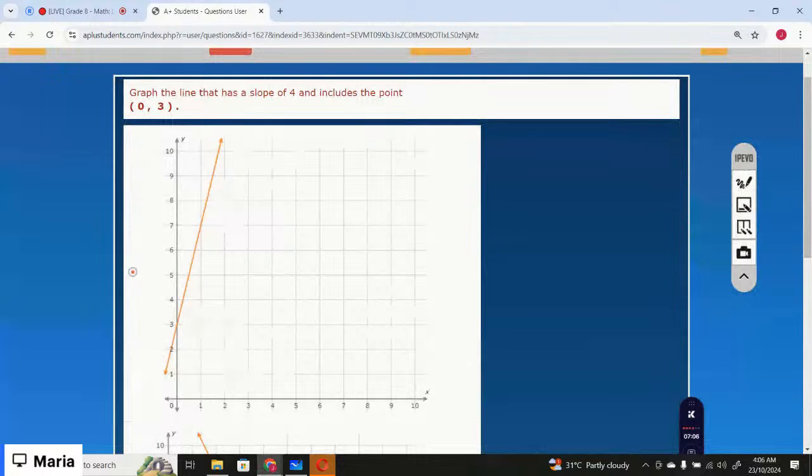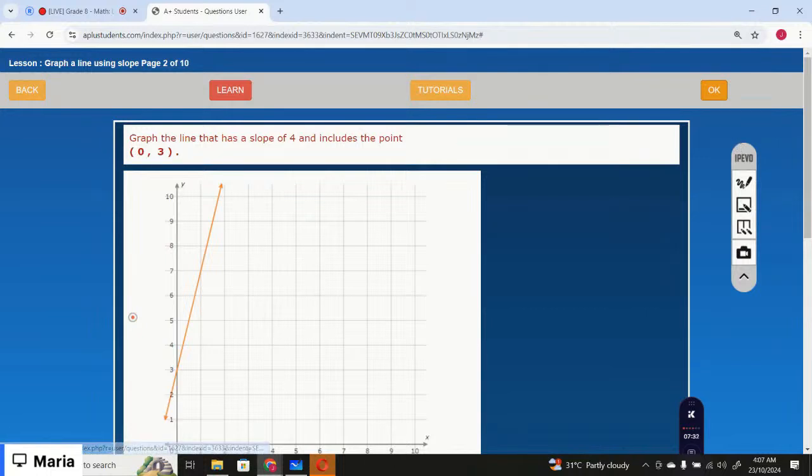That's why the graph doesn't match with the points. Okay, so that is option number 1.